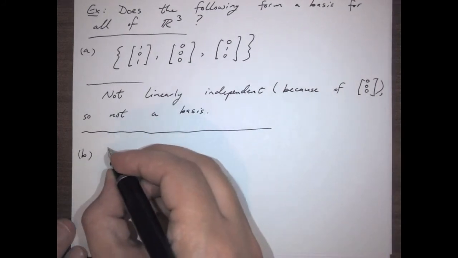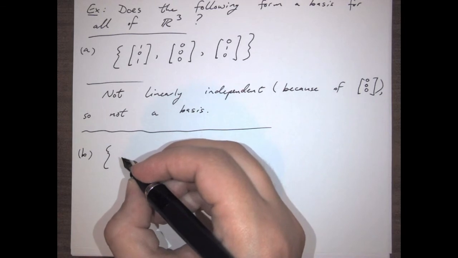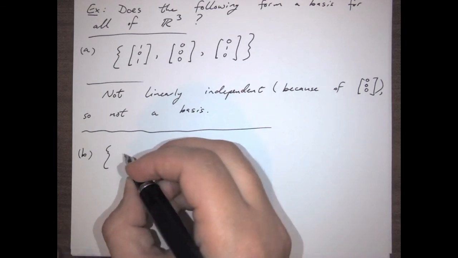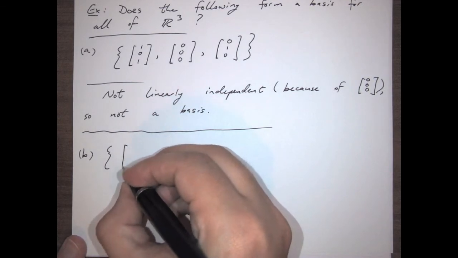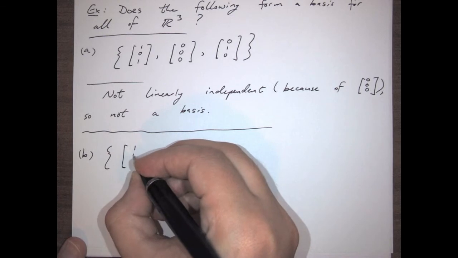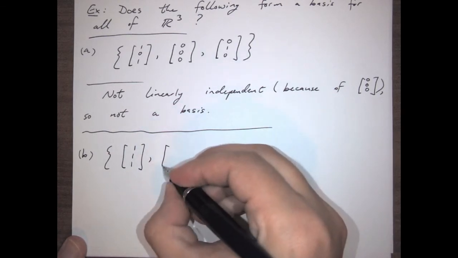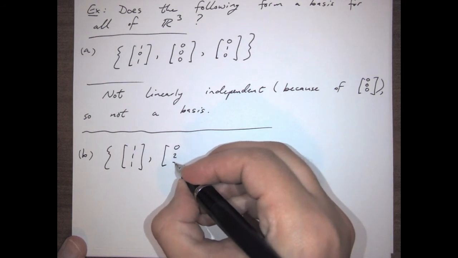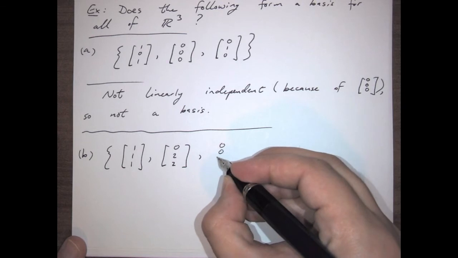So we are going to take another set of three vectors, and it will be up to us to determine whether this set of vectors in fact is a basis for R3. So let's go with the vectors 1, 1, 1, and then the vectors 0, 2, 2, and then the vector 0, 0, 3.